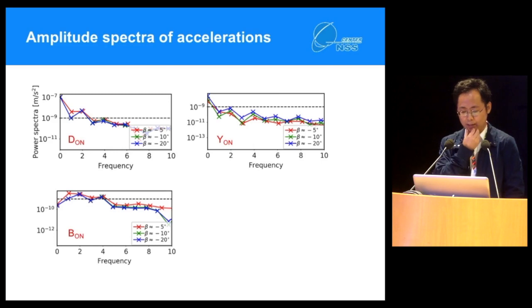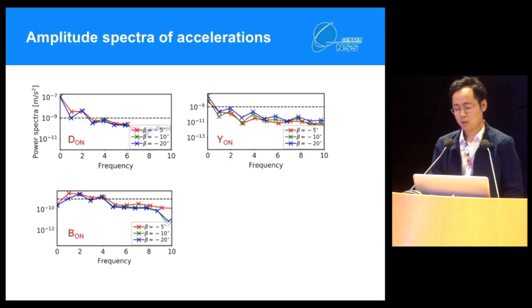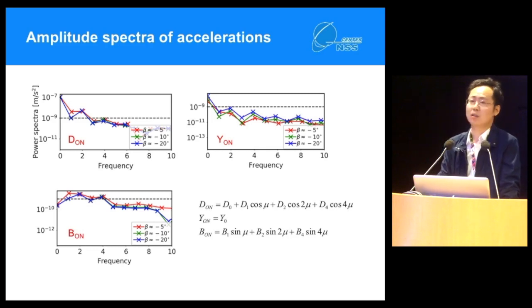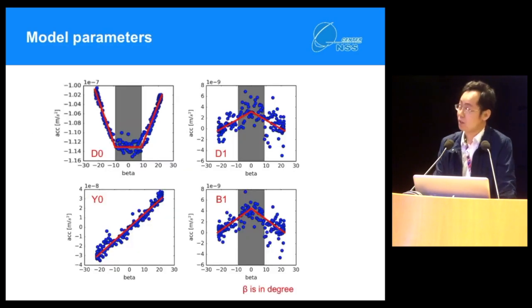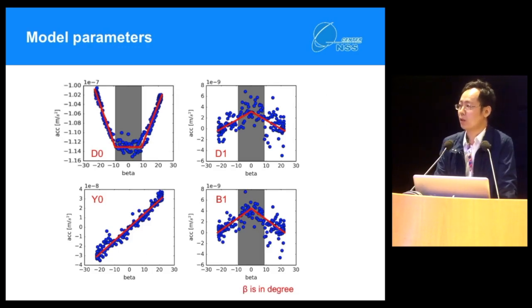For the empirical fitting approach, first we do the spectral analysis and find some main spectra, and get the formula for the a priori models, by fitting the coefficients with the reconstructed acceleration from the BeiDou model. Here we show the variation of all of the coefficients.